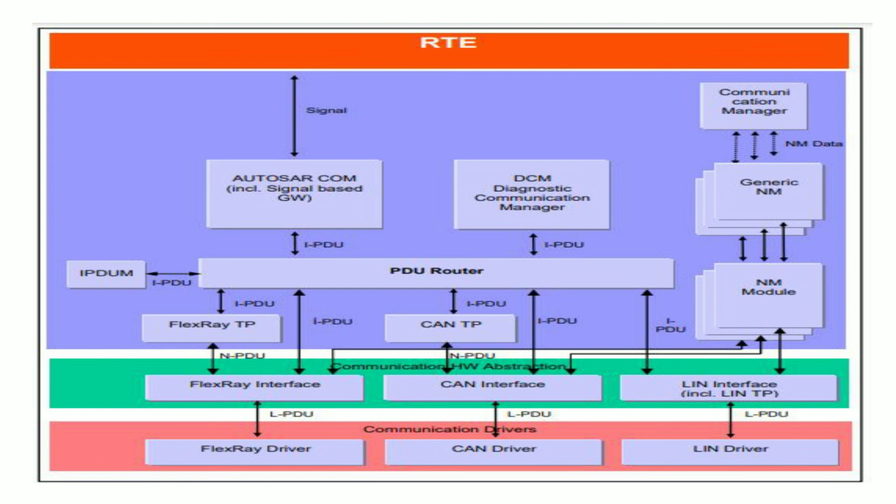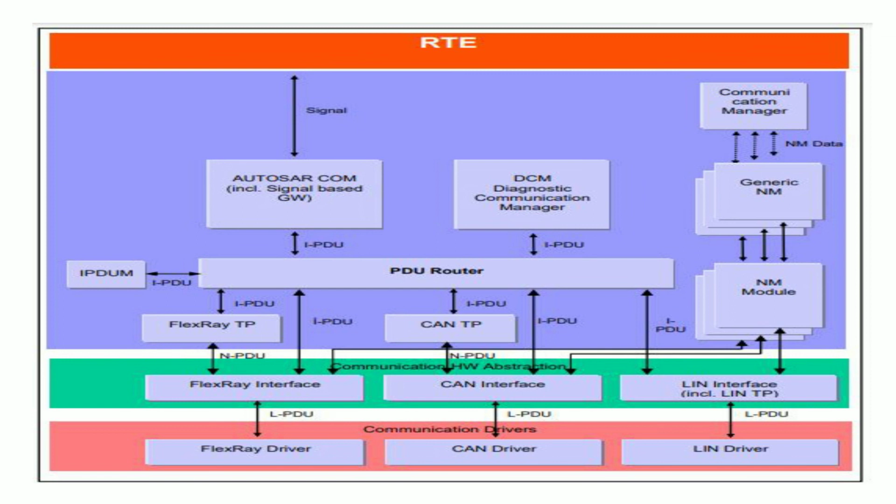To summarize, the COM module converts the signals into PDUs and it controls the start and stop, and it can also do the filtering of when to transmit and when not to transmit, and the conversion from one protocol to another, and the messages from one cluster can be transmitted to another cluster.